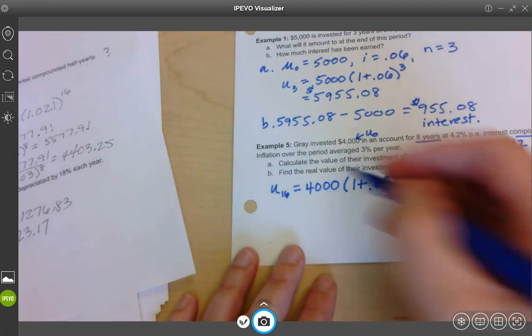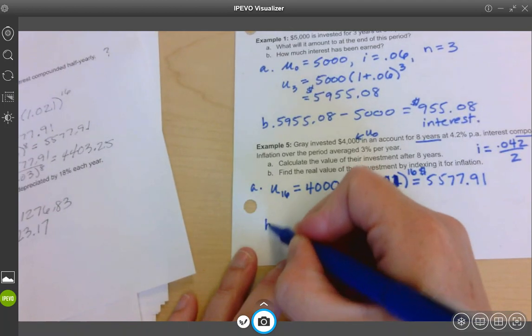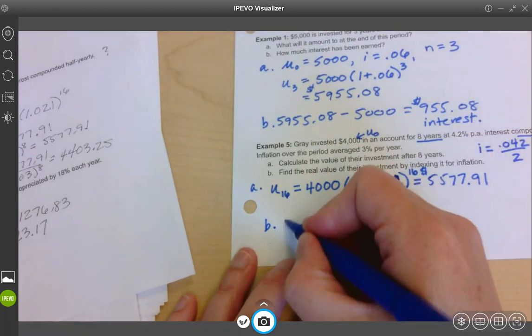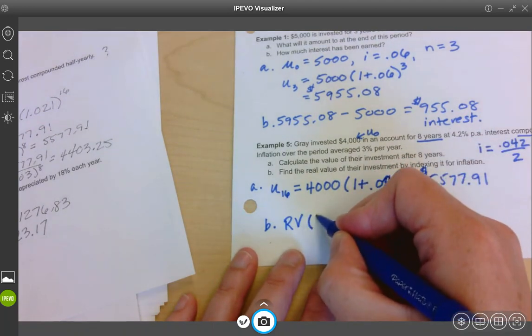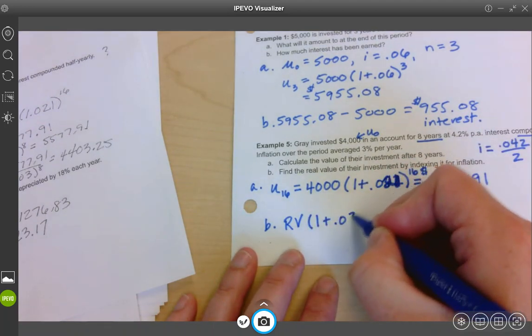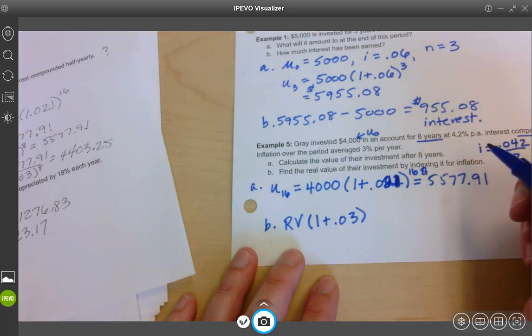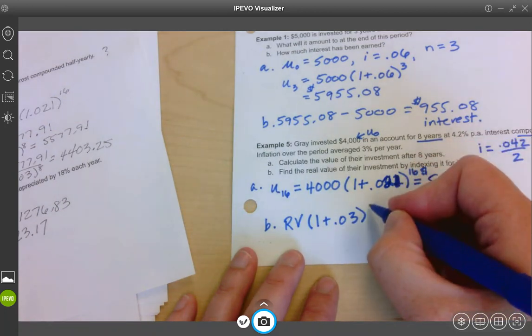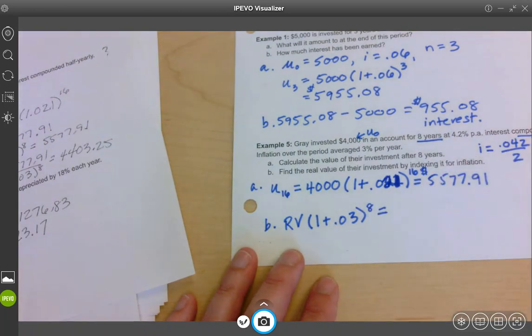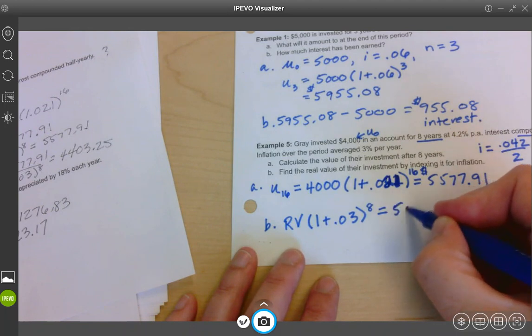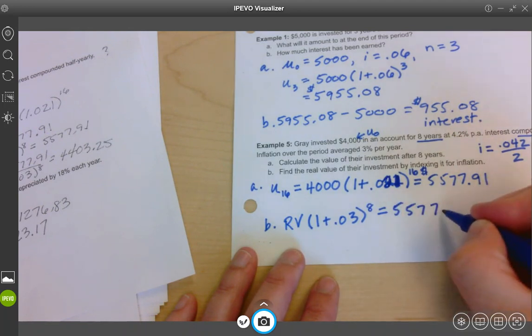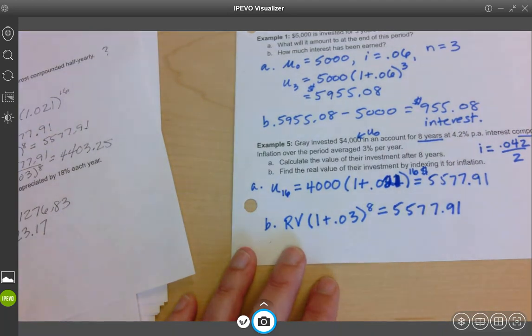So the real value, that's part A. Real value would have been multiplied by 1 plus 0.03, the inflation, raised to the 8th power. And that real value would have given us this end value that we just found, the $5,577.91.